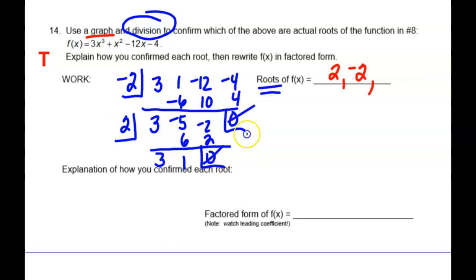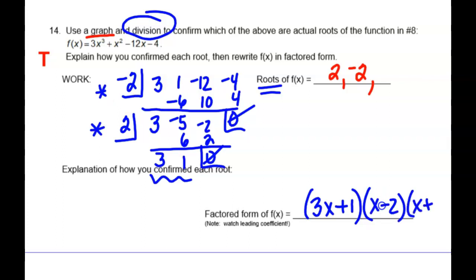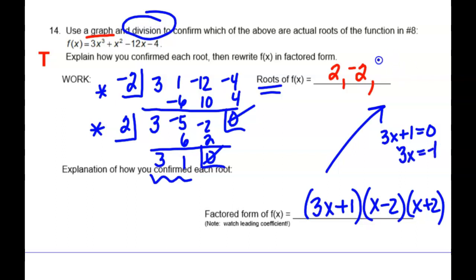Now, those are the remainders. What does this tell you? Your last factor. So you have a 3x plus 1. What were the other two factors that we already knew here and here? Yep, any order, x minus 2 and x plus 2. Now, what's the third 0 that I need to go back up and add here? -1/3.